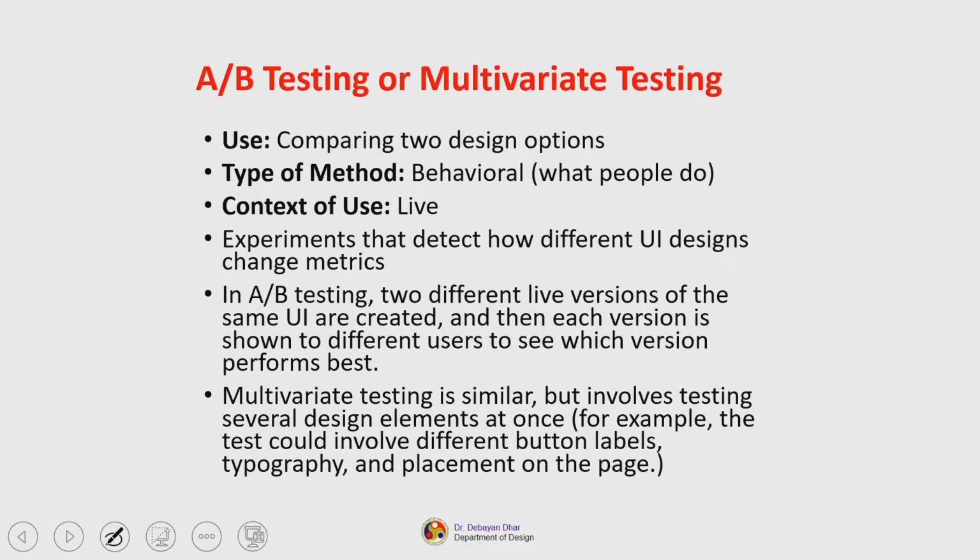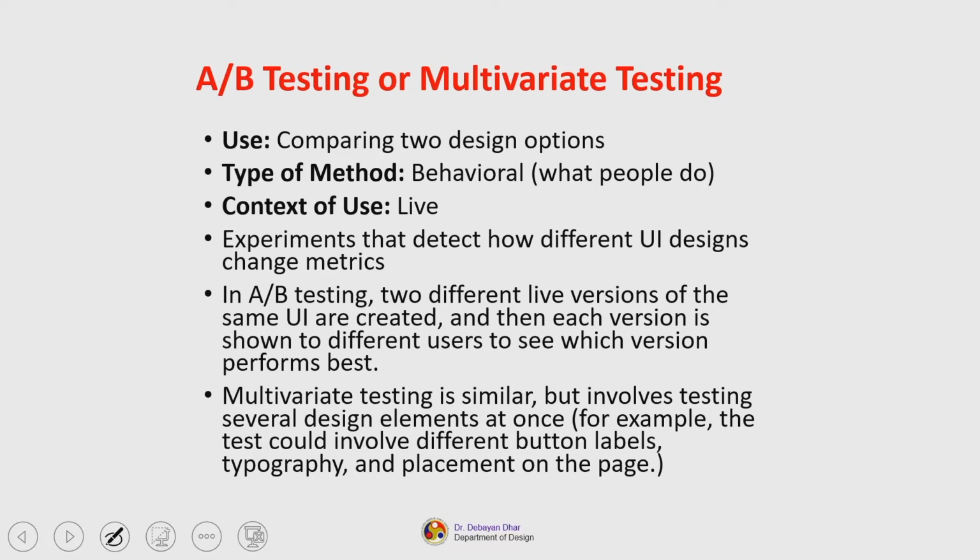The next one is a very interesting type, which is known as A/B testing. We have already discussed it in the earlier slides. Remember, we discussed comparing the newly redesigned UI with the old one, right. The same thing here is what we call A/B testing, alpha beta testing, or it is also called split half testing.